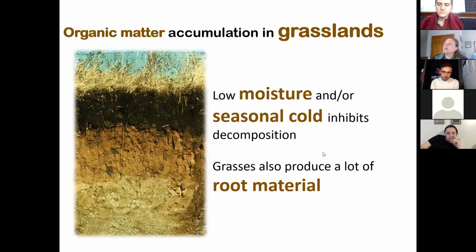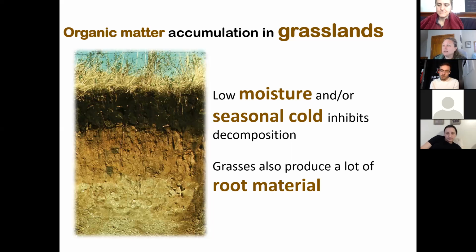So organic matter accumulation. Let's walk through a couple of the biomes that we've covered. When things decompose, they can either be immediately taken up into the plants again. That's what we saw with the tropical rainforest. As soon as things break down, they immediately get sucked back up, which is why clear cutting in the tropics is bad.